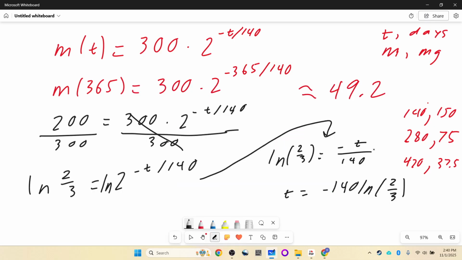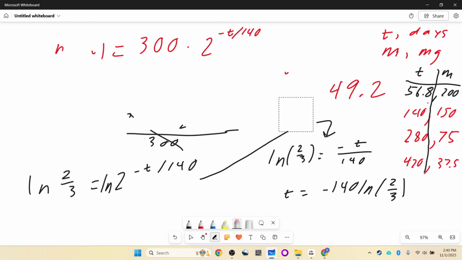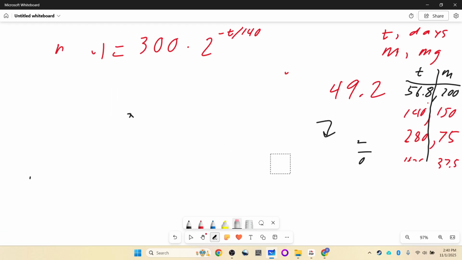So 56.8, 200. This is if we want to make a whole table of t versus m. Those are some of the values we've found. And then we're asked to draw a graph. Okay, so let's draw a graph. We can use some of these numbers we found here to guide it.